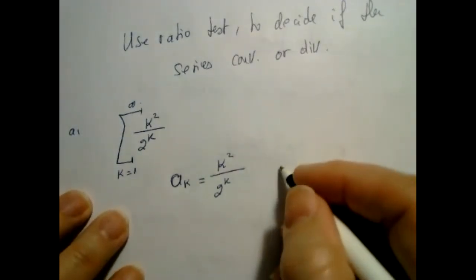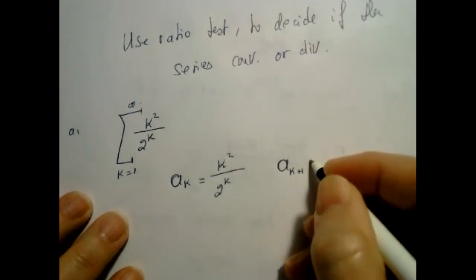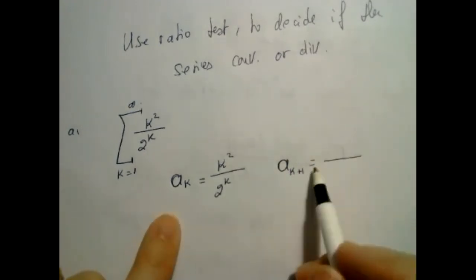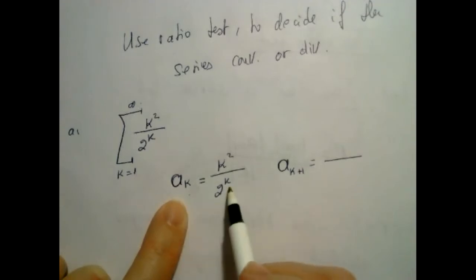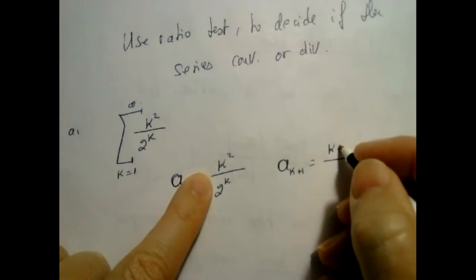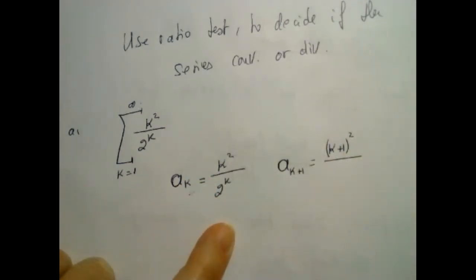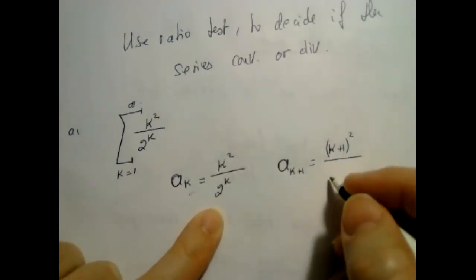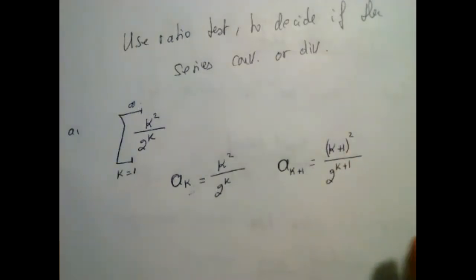Now what's ak plus 1? It means the term that comes after ak. So wherever there is k, I plug in k plus 1. That's ak plus 1, the term that comes right after ak.